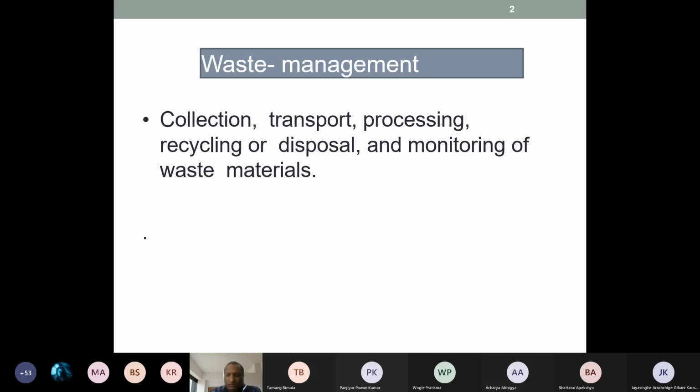So within the hospital setup, there should be a proper collection mechanism, transport mechanism, and disposal mechanism in any hospital or hospital units.